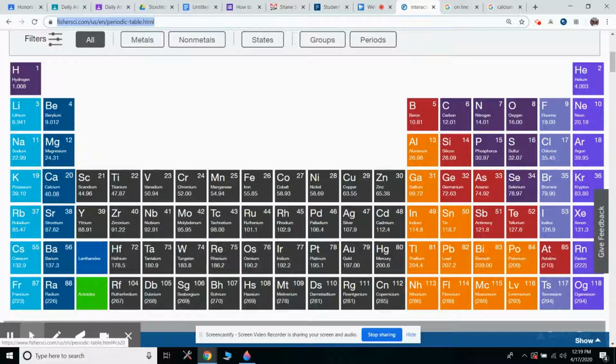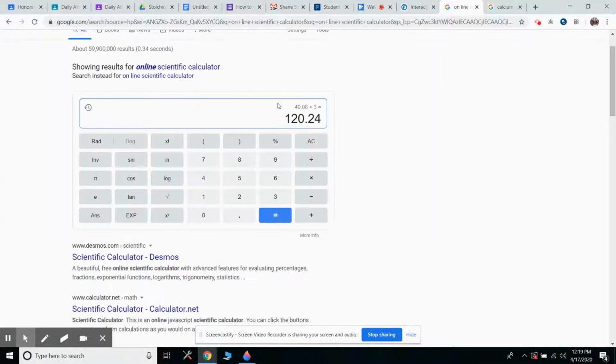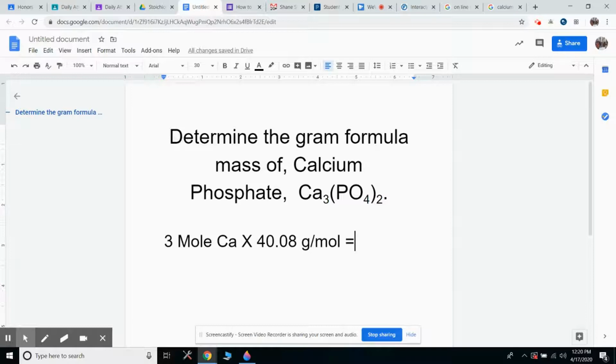It's an alkaline earth metal. It has a molar mass of 40.08 grams per mole. And I'm going to go to my online graphing calculator. I did the calculation already. 40.08 times 3 gives me 120.24. So I'm going to go ahead and put that here.